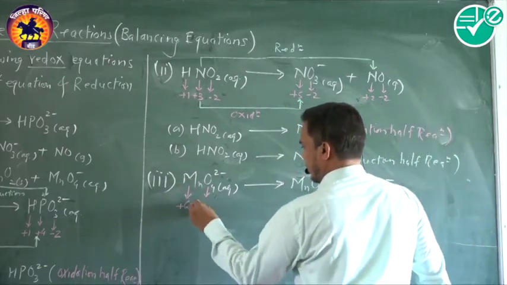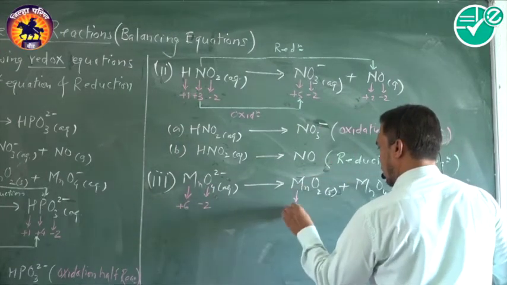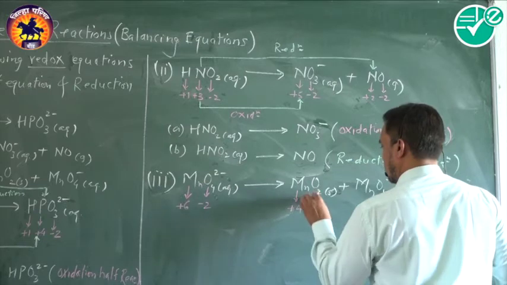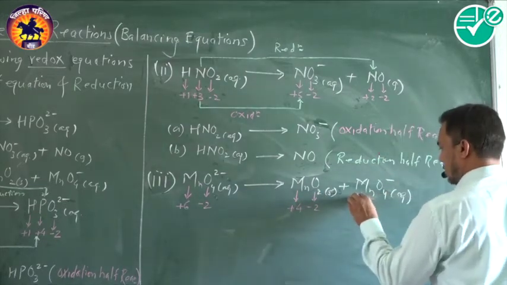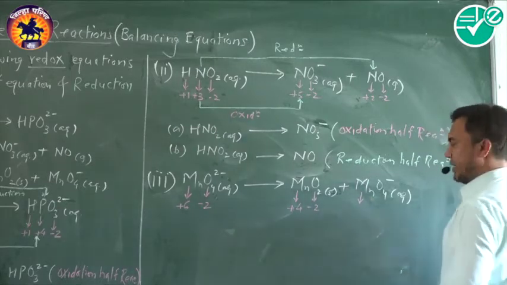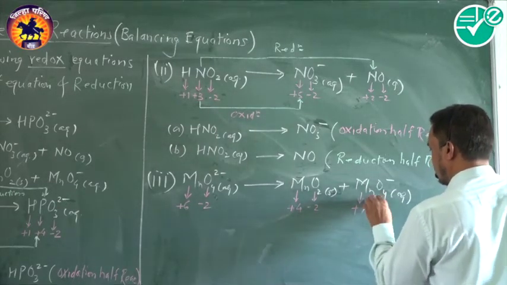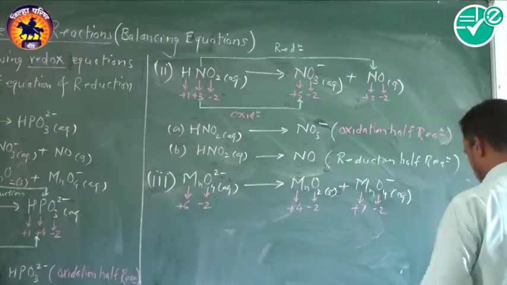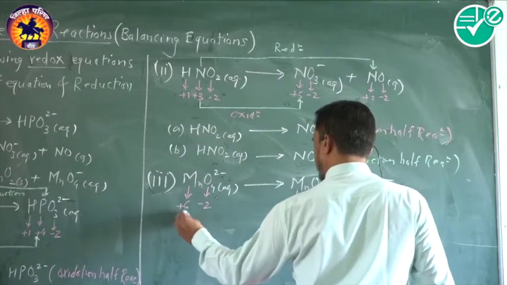Here -2, here the oxidation state is +4, here -2. Similarly, the oxidation state in MnO4- is +7, with oxygen -2. Now separate them as reduction and oxidation.